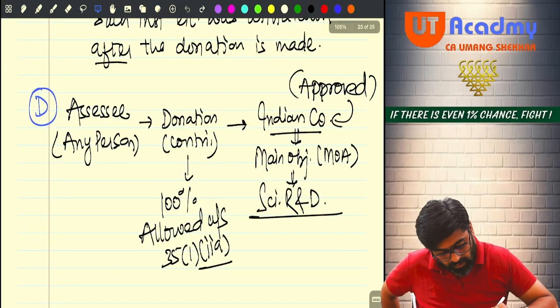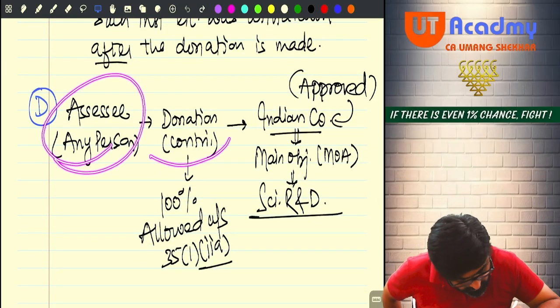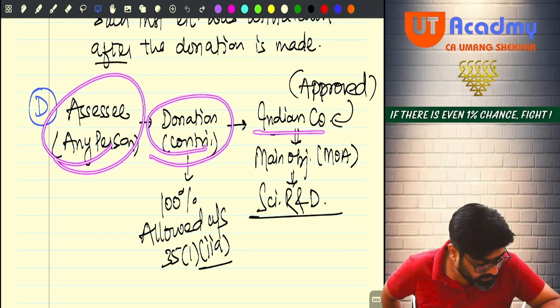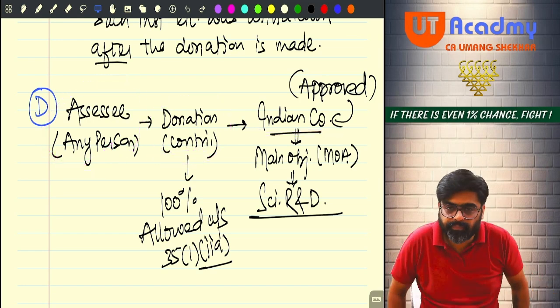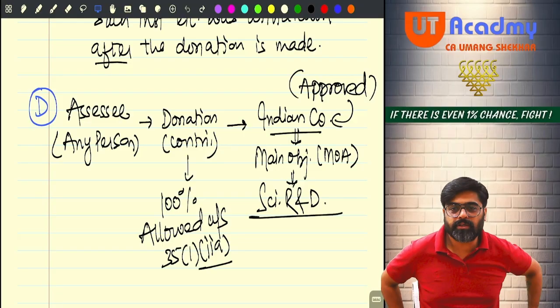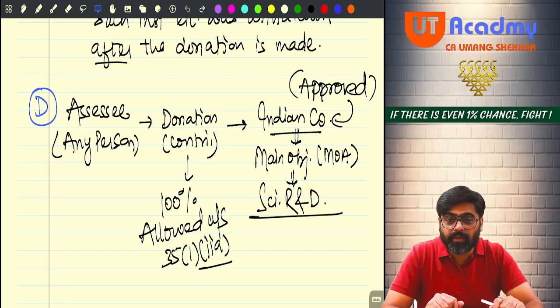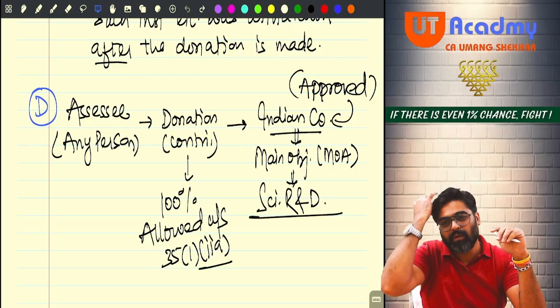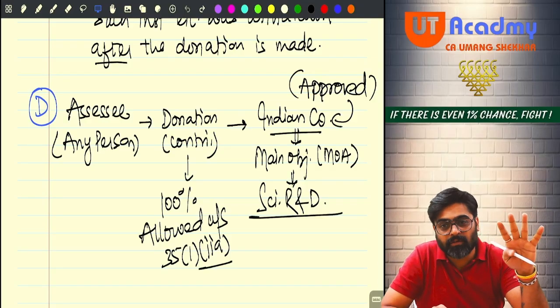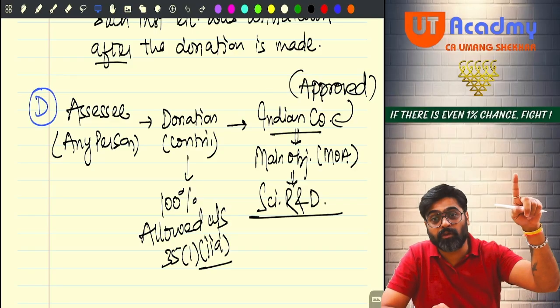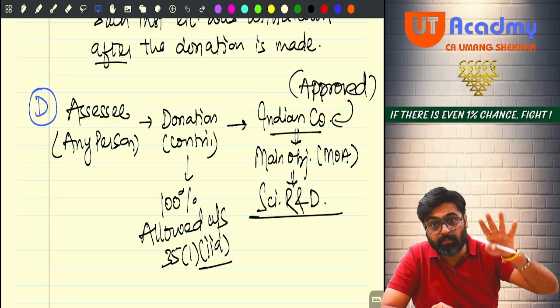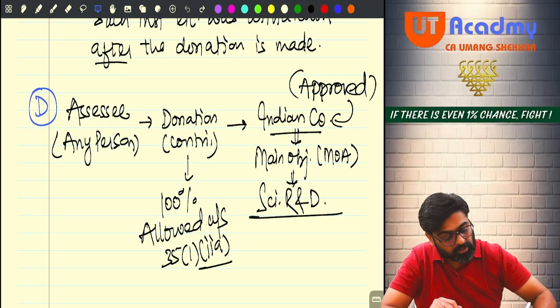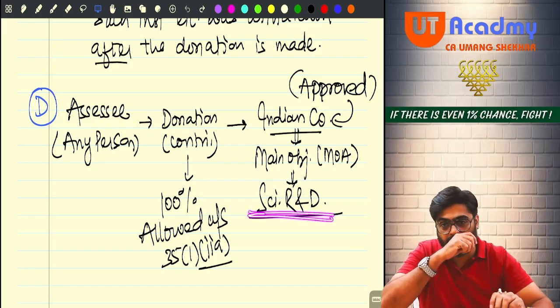Now, one more point is there. See, you are an assessee. Now you are making a donation to any Indian company. Whom are you making the donation to? Any Indian company you are donating the money to. Now that Indian company, as per the object clause of its MOA, its main business was to conduct scientific research and development.